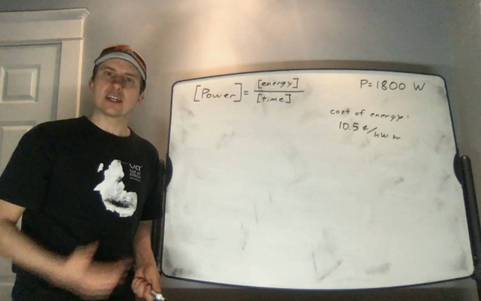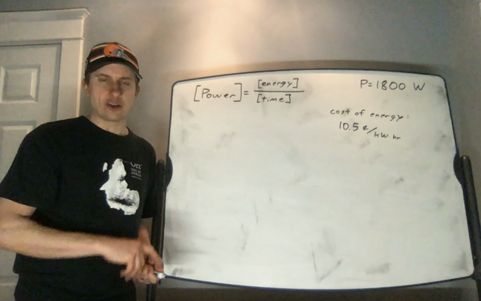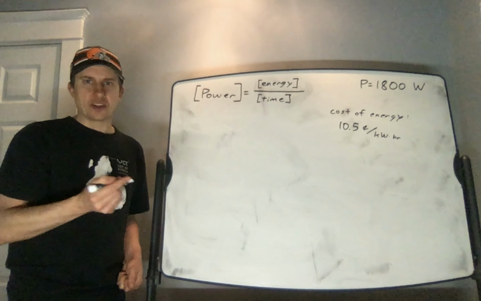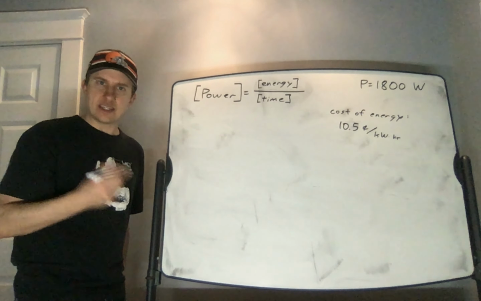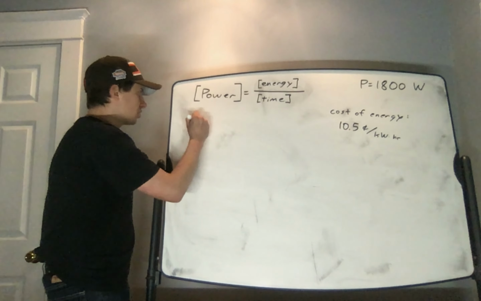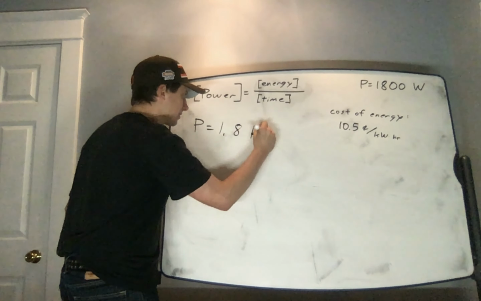1 kilowatt is 1000 watts, and 1 hour is 3600 seconds. The way I am actually going to go about solving this problem is to recognize that the power of my heater is 1800 watts, which is going to be 1.8 kilowatts. So I could say the power of my heater is 1.8 kilowatts.